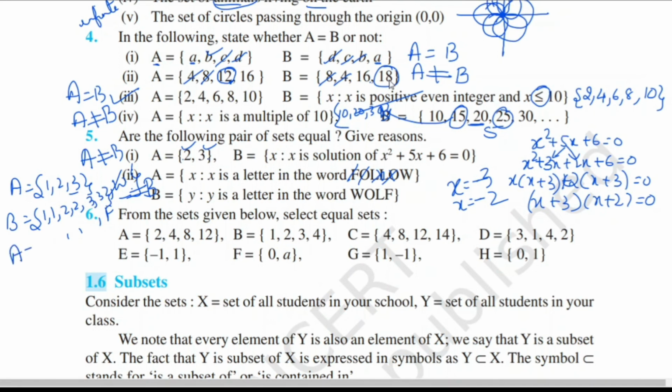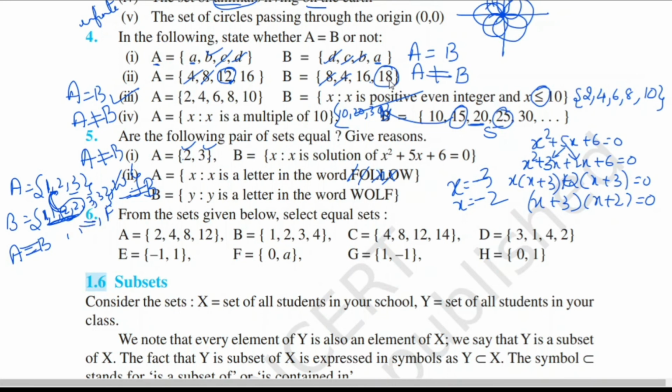Yes, A will be equal to B, because when you check, 1 is there in both. Though it is repeated, the same numbers are there in both A and B, so A will still be equal to B.